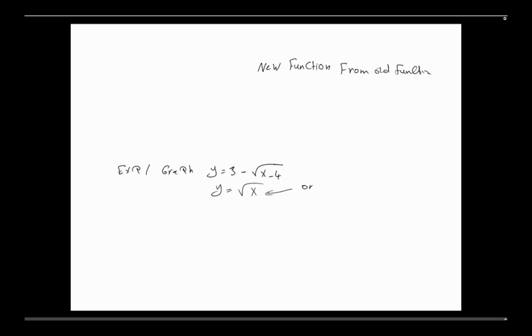This is our original, and what we did to it is add these values. So first we graph y equals the square root of x, and the drawing looks like this, and it will go all the way continuously.